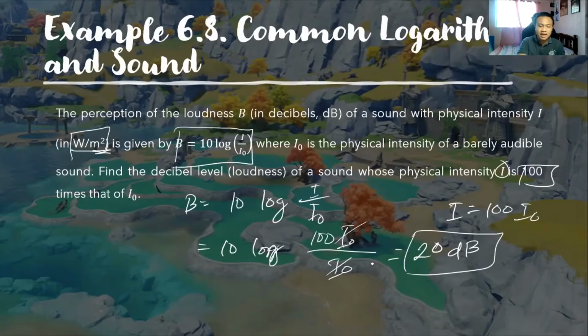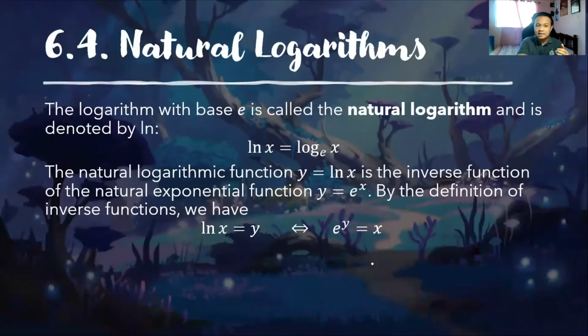Okay? So next is the natural logarithm. So natural logarithm is lang siya, base E, okay? So instead of base 1 2 3 4 5, you have a base E nga logarithm. So ang kuan niya is ln na dayon, di na siya log. Ln na siya, di siya NL, ln.